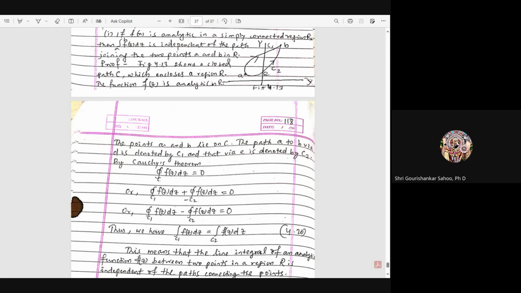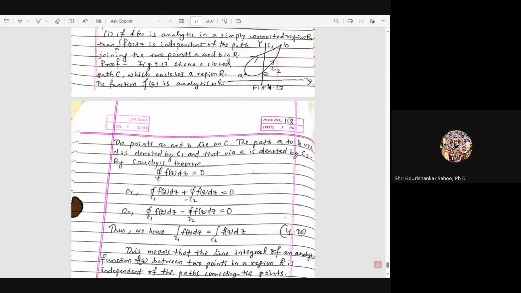So by Cauchy theorem, the integration over the closed contour of f(z) dz is equal to 0, or the integration over C1 of f(z) dz plus the integration over minus C2 of f(z) dz is equal to 0. Here, going from A to B is C2, and coming back from B to A will have a minus sign, so that is minus C2.